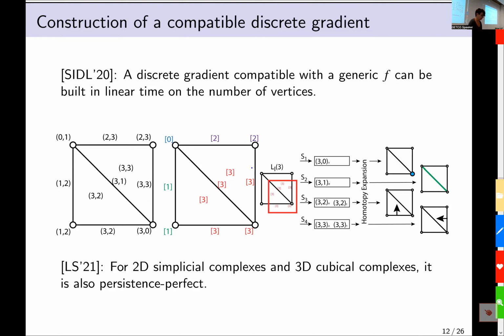One starts again with the function given on the vertices and extends these values to all the other simplices. We also need that this function on the vertices is component-wise injective, so it is injective component by component.